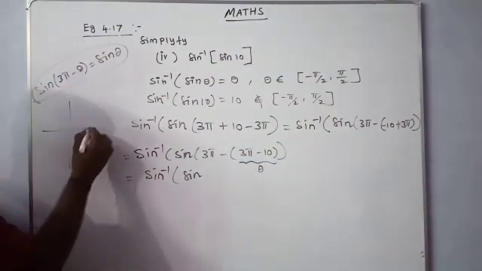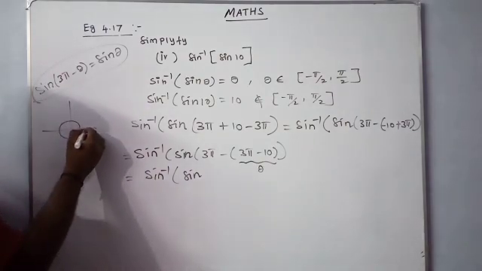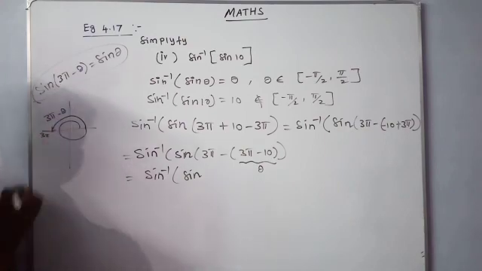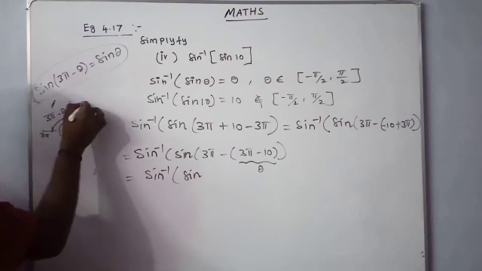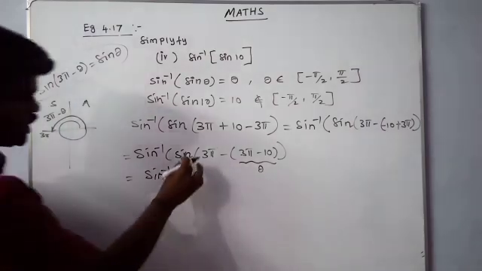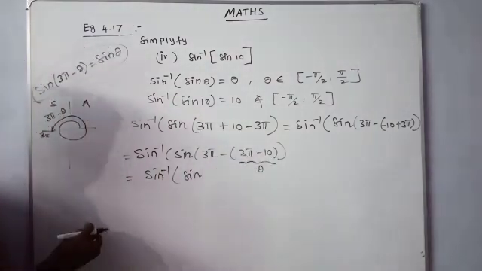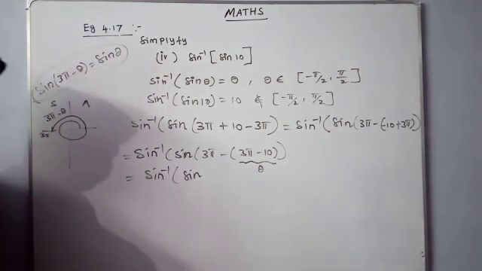So what is the 3 pi minus theta? Complete revolution is 2 pi and 1 and 1/2 revolution is 3 pi. This is 3 pi minus theta form, so this is second quadrant. Yes, here sin is only positive. So directly we can write sin of 3 pi minus theta is equal to sin theta.